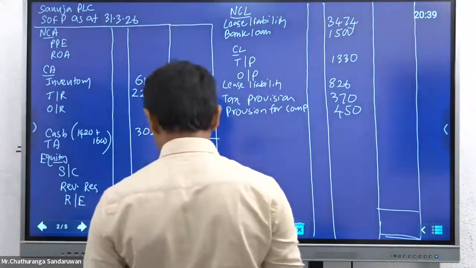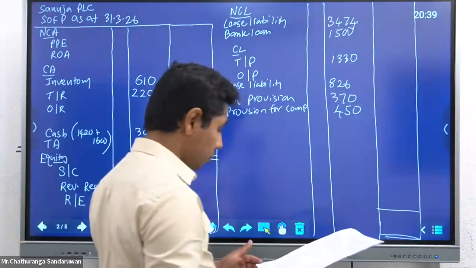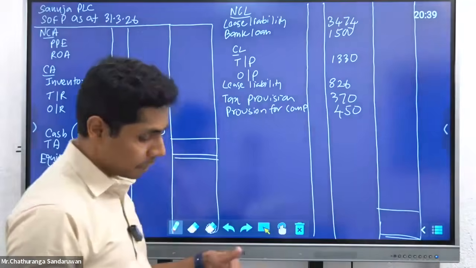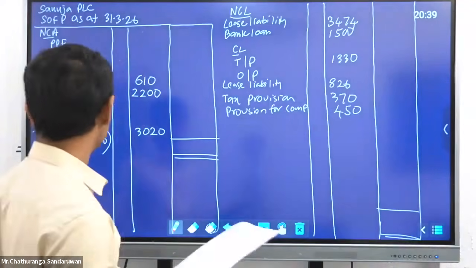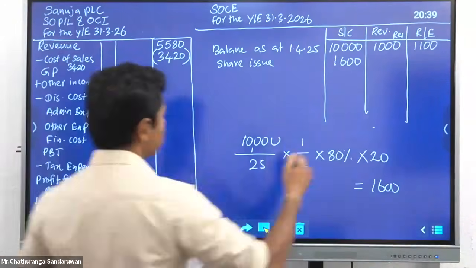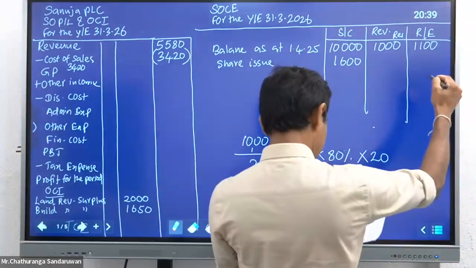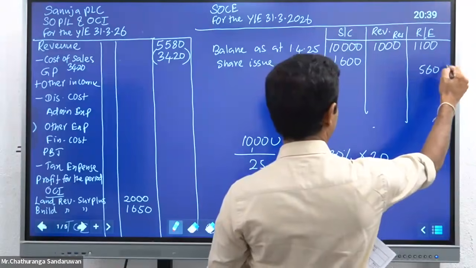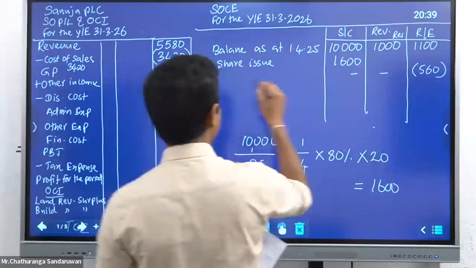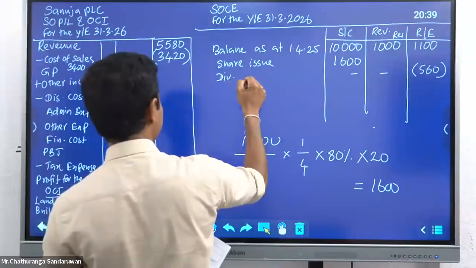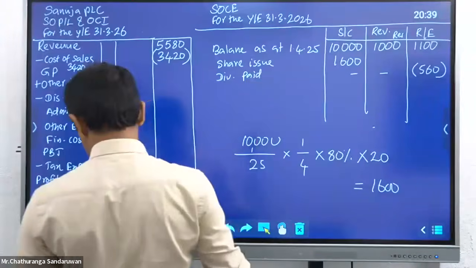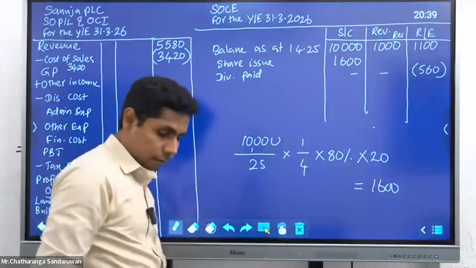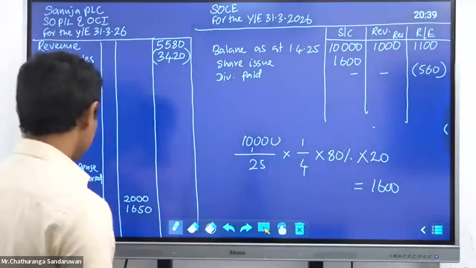Stated capital we have taken, revaluation reserve we have taken, provision for income tax taken, income tax paid taken, interim dividends deducted from the retained earnings, that's 560. Dividend paid, right? And finally retained earnings taken.